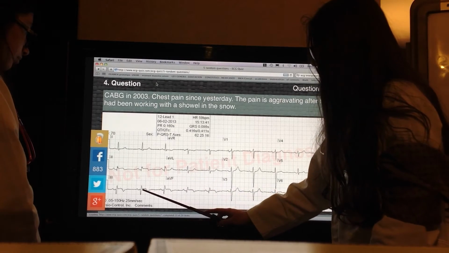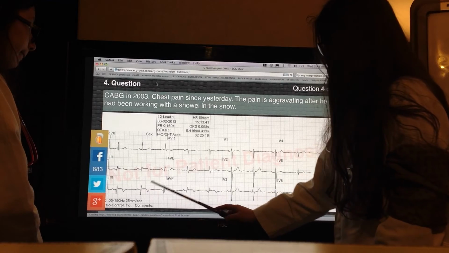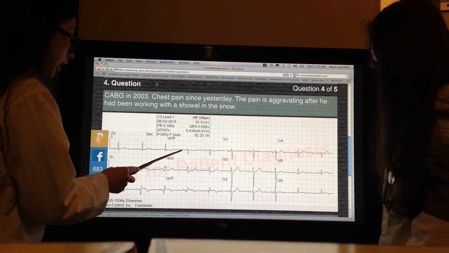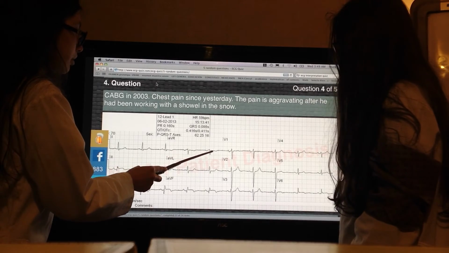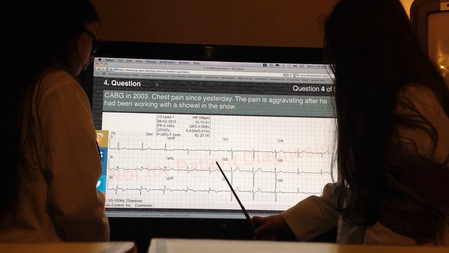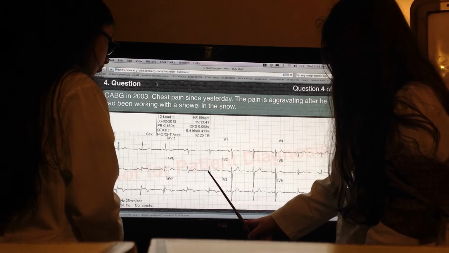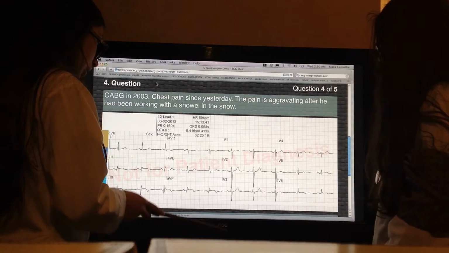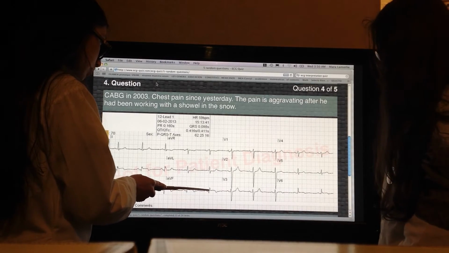Here, the J point is also elevated 0.1 millivolt. In aVR, the J point is isoelectric, maybe a little depressed. In aVL, the J point is maybe a little depressed. In aVF, the J point is isoelectric.